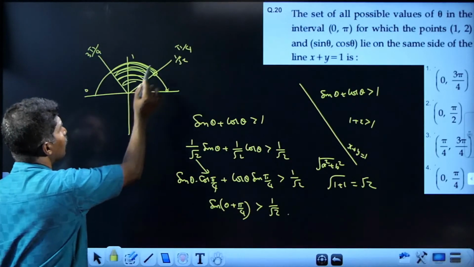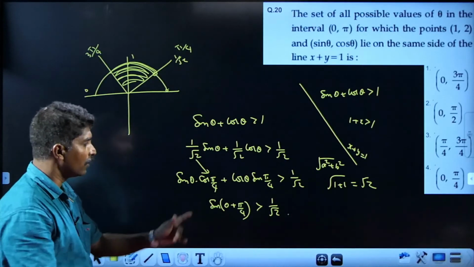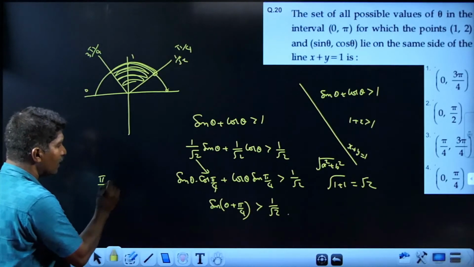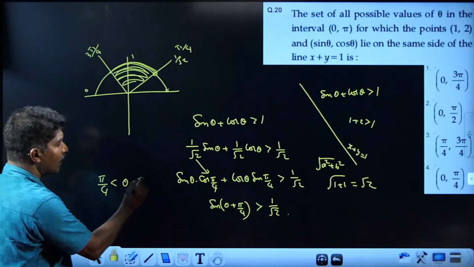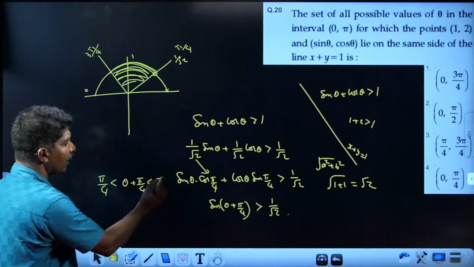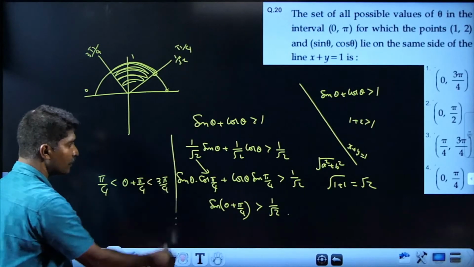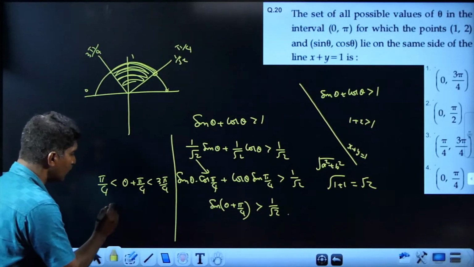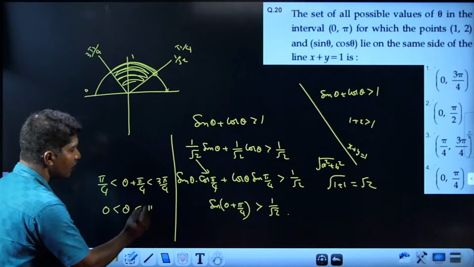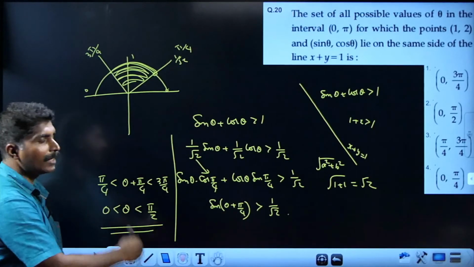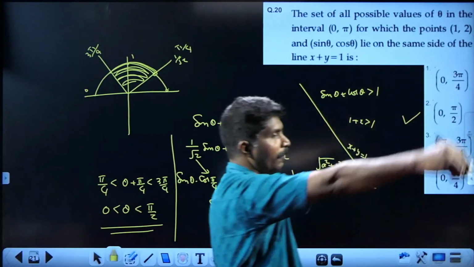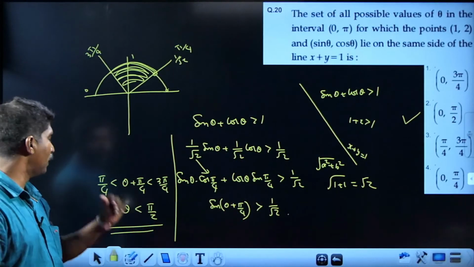What is this region? Pi by 4 to 3 pi by 4. So we are going to write pi by 4 less than theta plus pi by 4 less than 3 pi by 4. Subtracting pi by 4, we will be getting 0 less than theta less than pi by 2. We can say option 2, 0 to pi by 2.